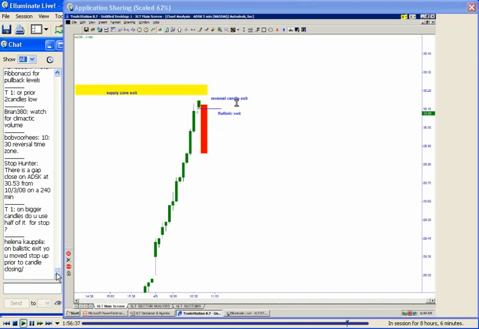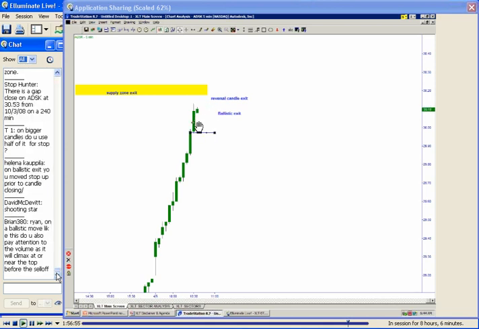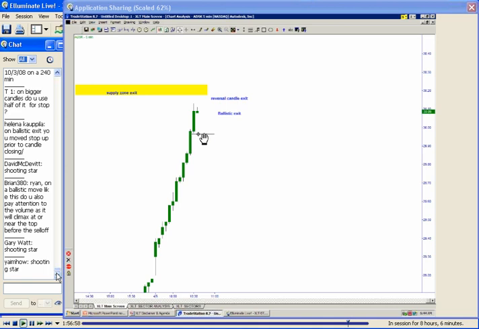Now, what do I mean by reversal candle? No, Helena, we wait for it to, I'll show you again here. We wait for this to actually close. So, for example, there it is. This candlestick just closed, so now I move my stop right underneath this candle.